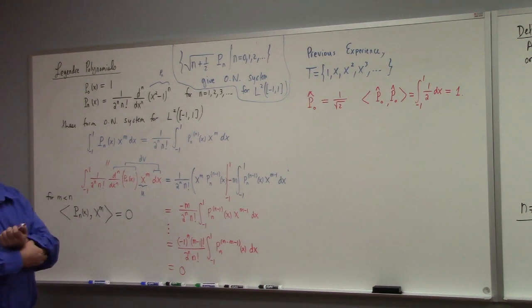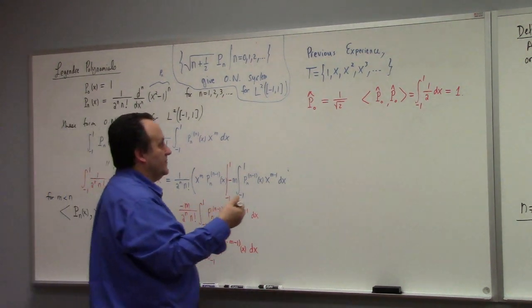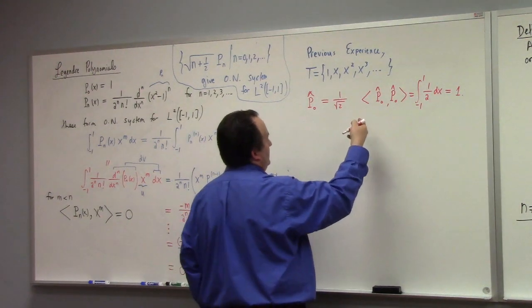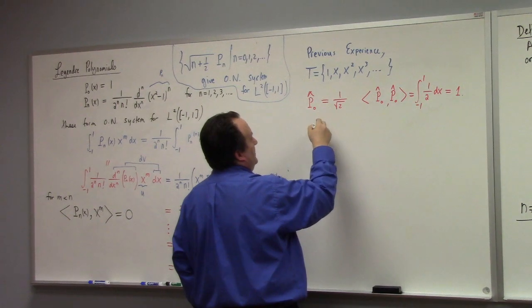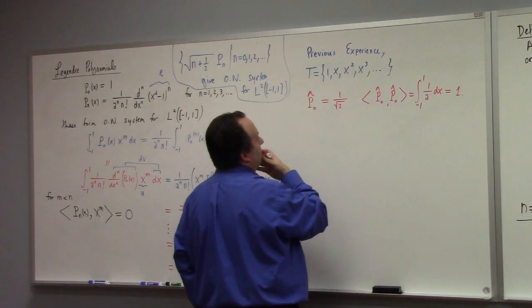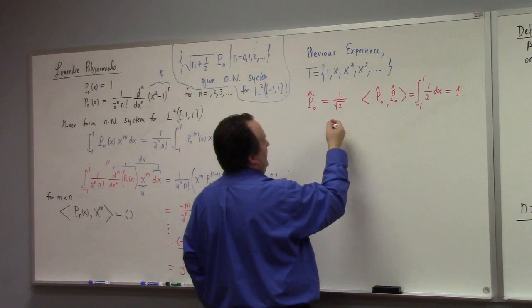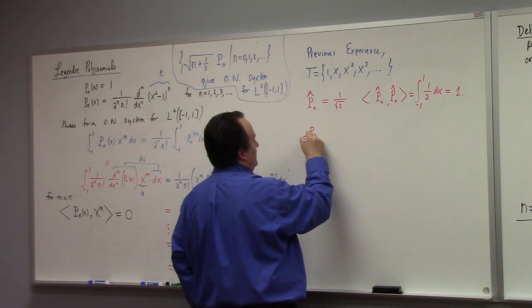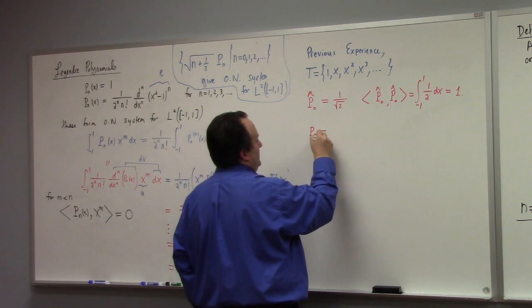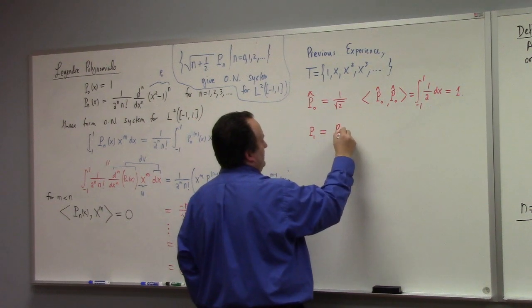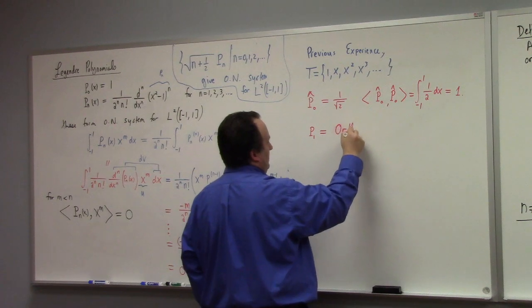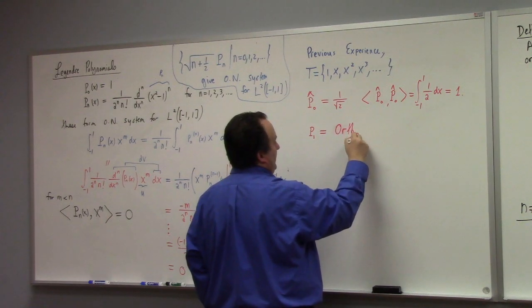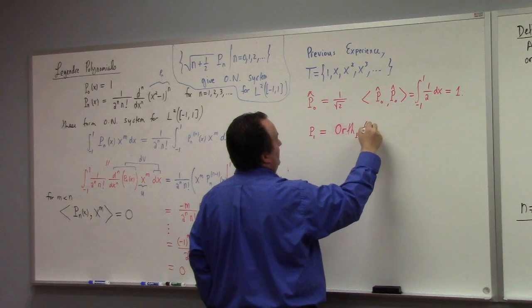Okay, so the way you get to P1 then is you define P1 to be equal to the projection, well I call it the orthogonal projection in the P0 direction of x.